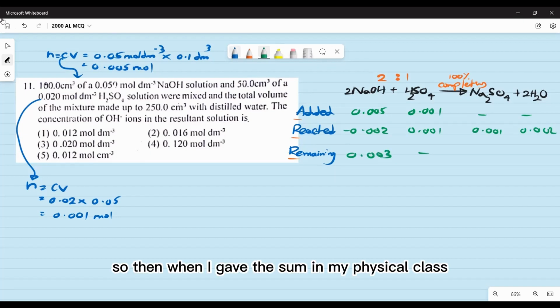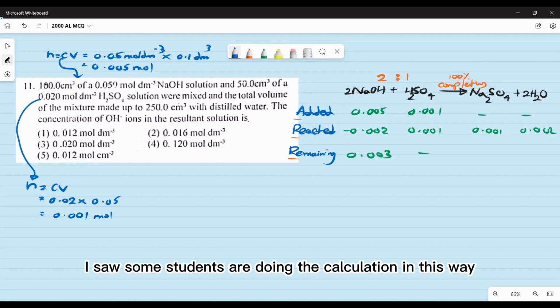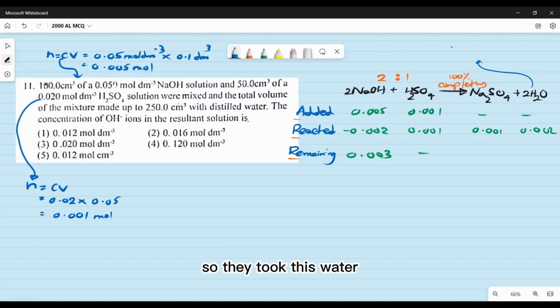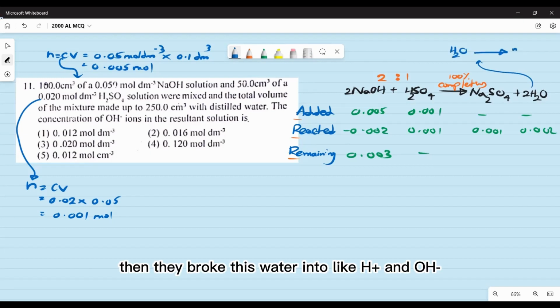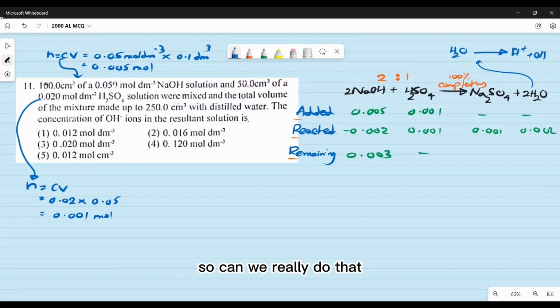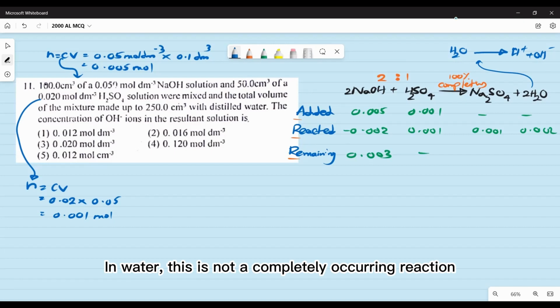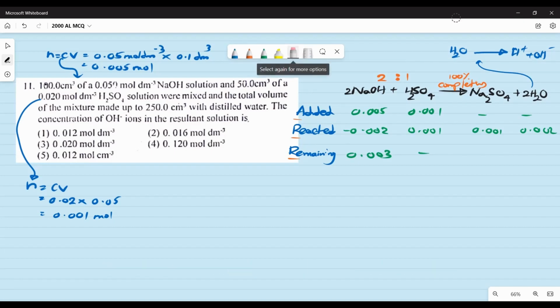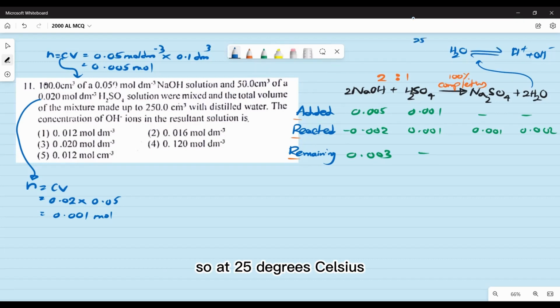So when I gave this one in my physical class, I saw some students doing the calculation this way. They took this water, then they broke this water into H plus and OH minus. So can we really do that? No, we can't. Okay, in water, this is not a completely occurring reaction. That's the mistake, right? This kind of ionization happens, but it is very partial. So at 25 degrees Celsius, in 1 dm3 of solution, you will only have 1 into 10 to the power minus 7 moles of each.